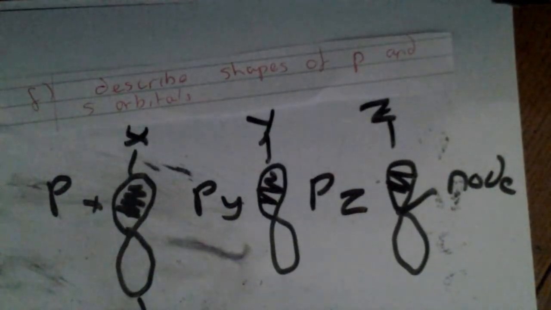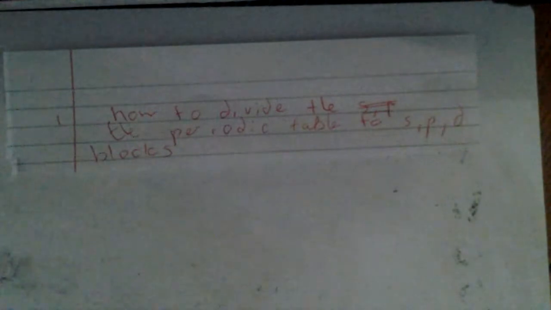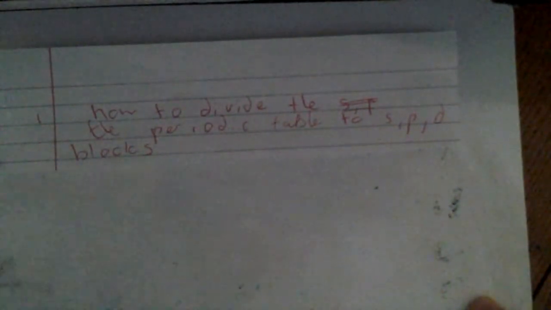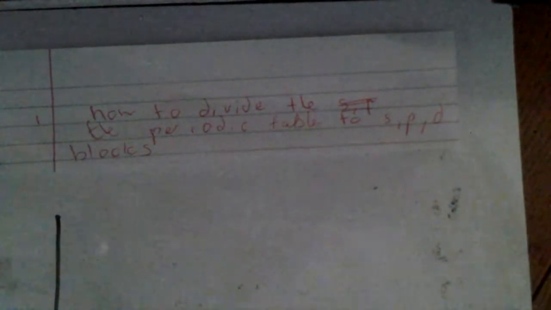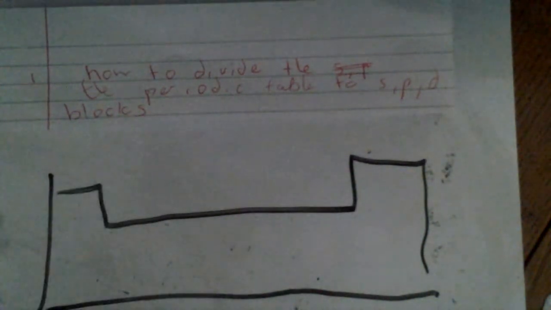And then finally we need to look at how we use the periodic table to name the sections in my periodic table as s, p or d. The way we do that is look at my periodic table, which I've very badly drawn.